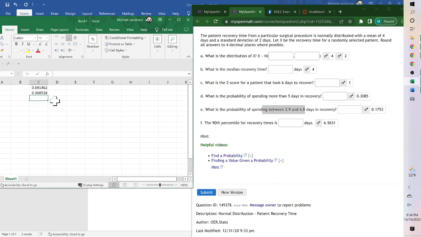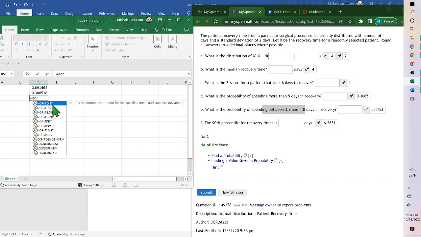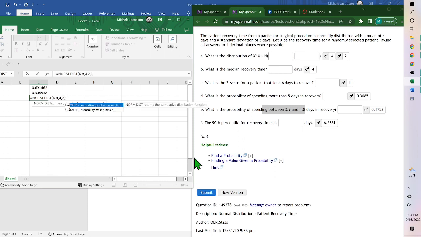Now you could do them both at the same time if you wanted. You could do equals norm, and we're using the first one. And then the top value, 4.8, comma, our mean, our standard deviation, and 1, then close parenthesis, and then put minus, and do the same thing for the 3.9.